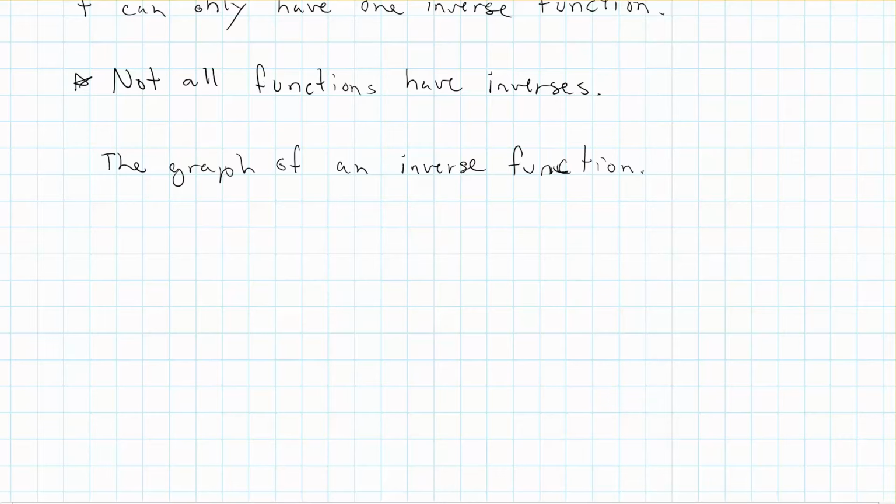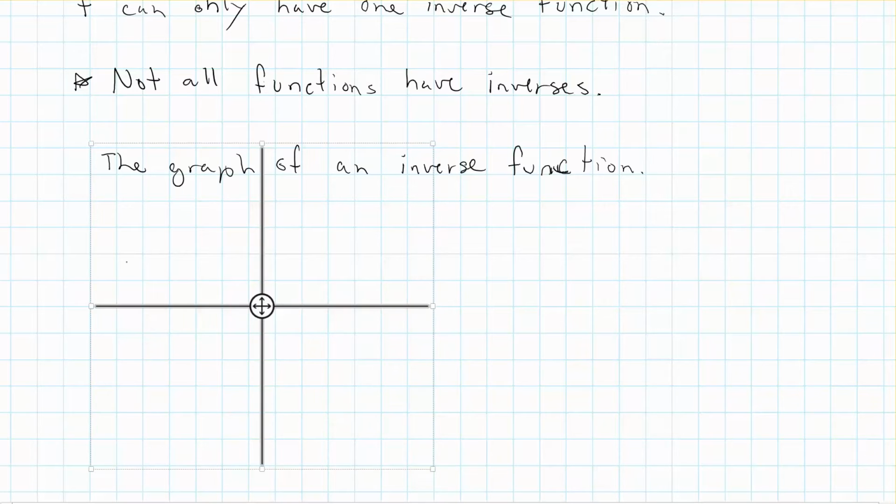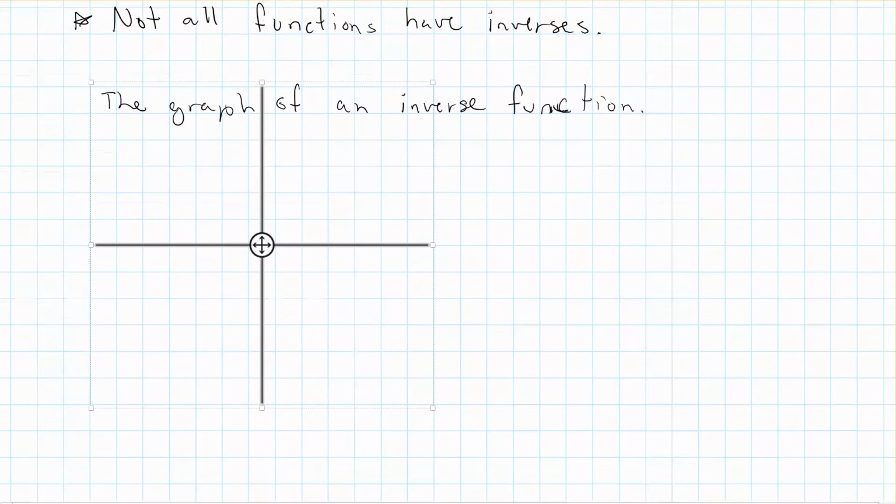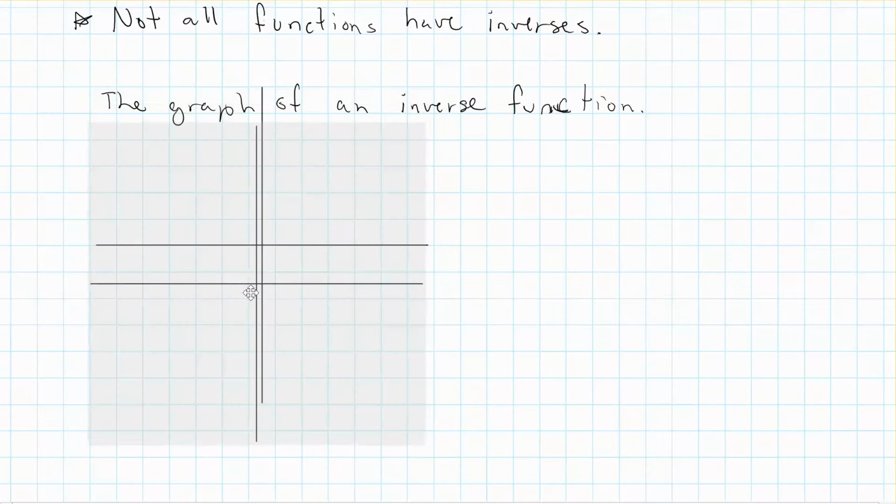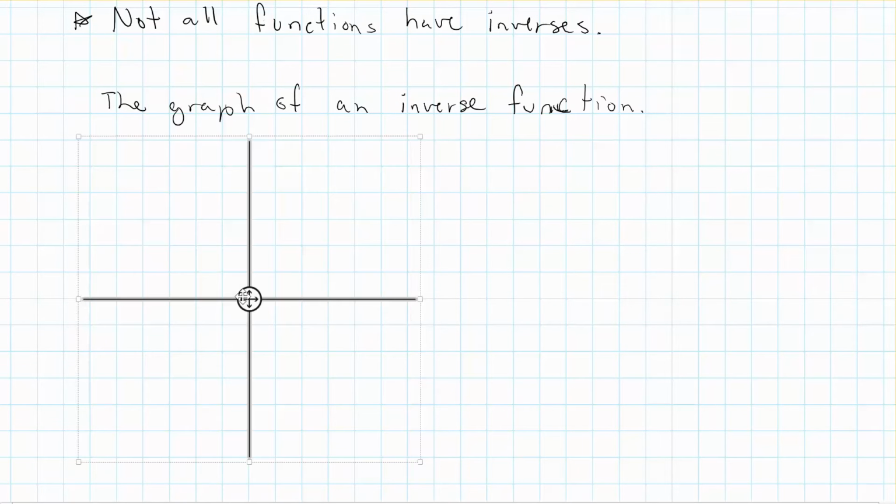And what's interesting about the graph, at least I think, is that, well, let me just sketch a graph here to show you what the idea is. And I'm just going to plot some points here just to help me when I'm doing these inverses.